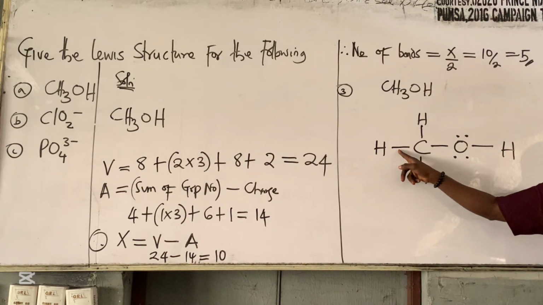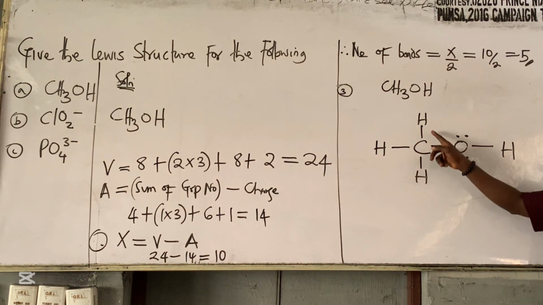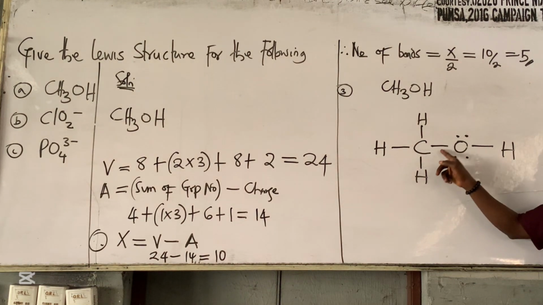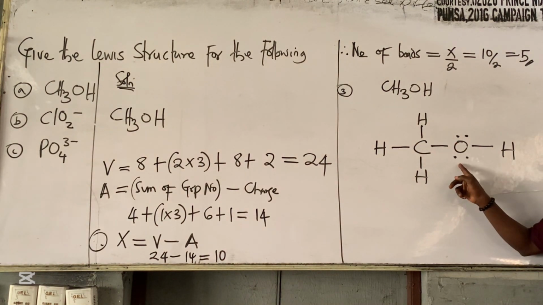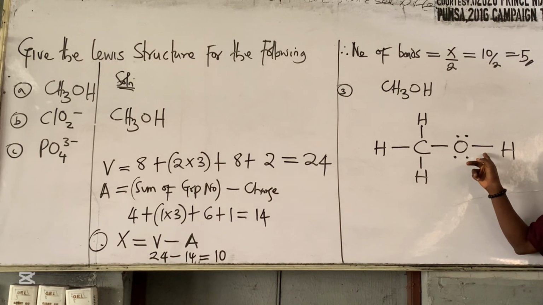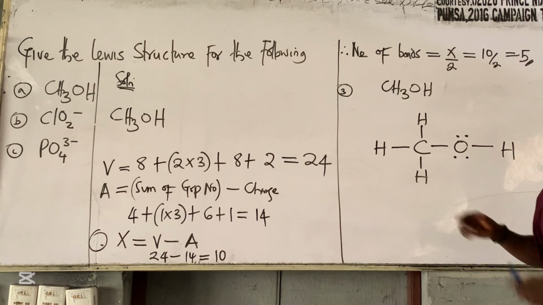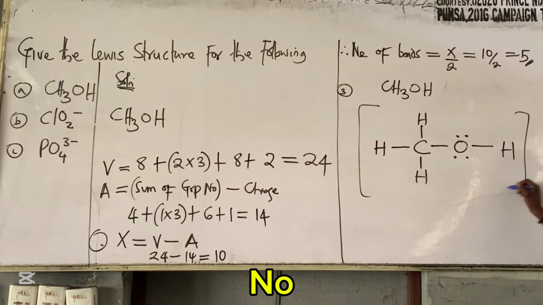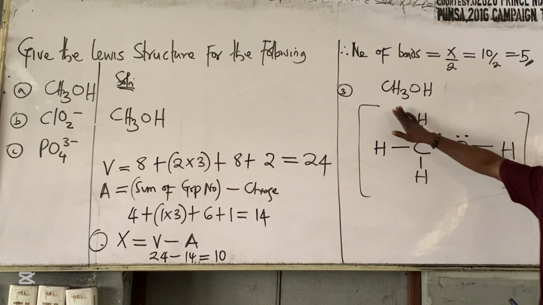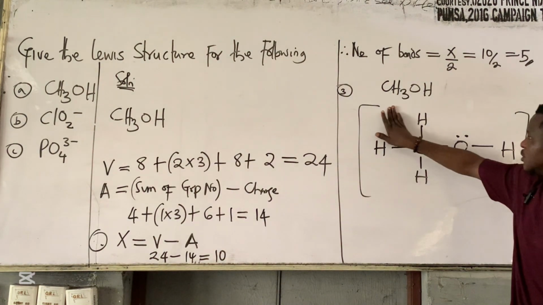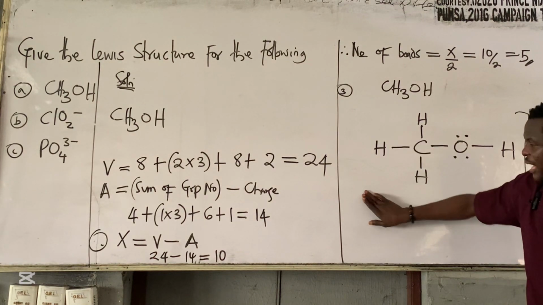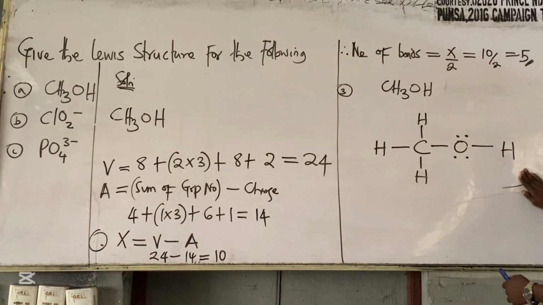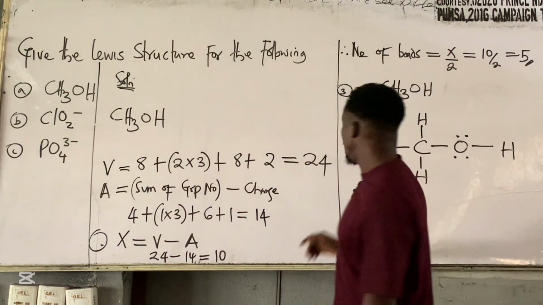This is 2, 4, 6, 8, 10, 12, 14. Is it up to 14? Is this correct? Will I put a square bracket? Class, you only do this for a charged compound. So since this is neutral, I'm not going to do this. So that's the Lewis structure for that.